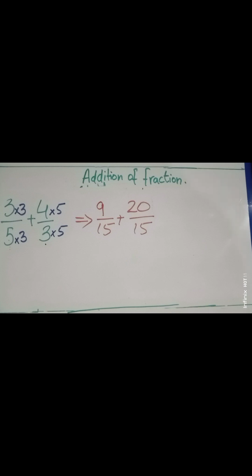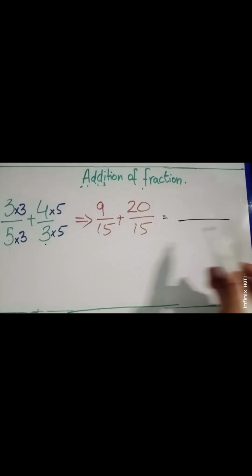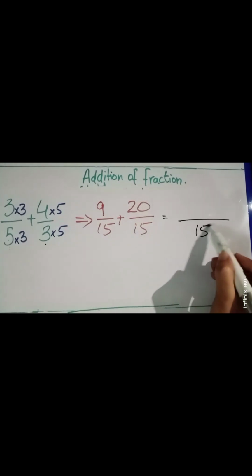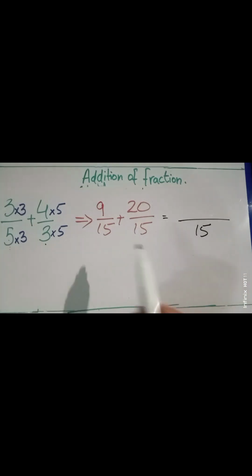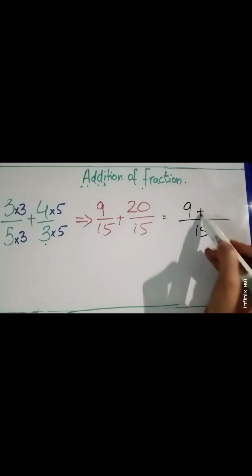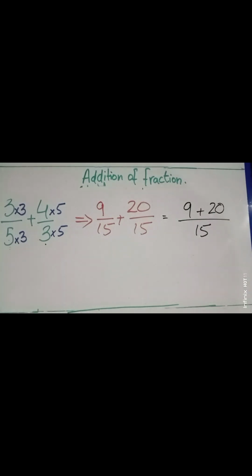Now it's very easy to solve this question as we have the same denominator, so we will write the denominator here, and we just have to add the numerators now. 9 plus 20. As you know, 9 plus 20 is equal to 29.